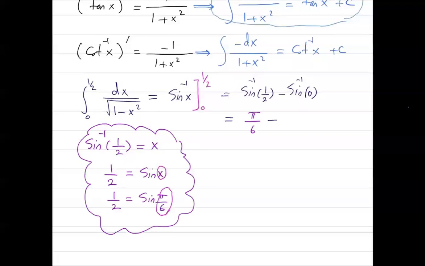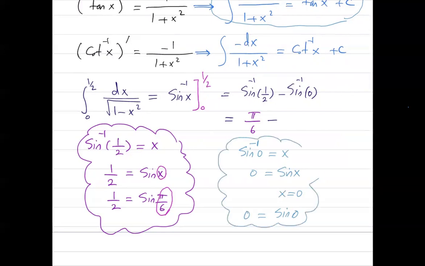To calculate the inverse sine of 0, we are looking for the x value where the sine of x is equal to 0. Remember that x equal to 0 gives us sine of 0, which is indeed 0. So the second one is just 0.